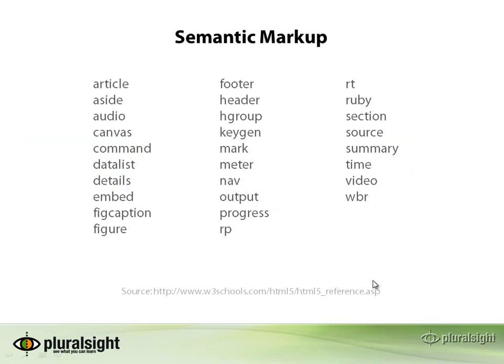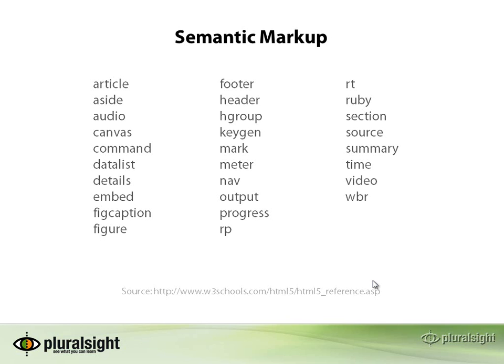So when we take a look at the list of elements that are added in HTML5, you can see that a number of these don't necessarily have inherent functionality, but again, they hit at the sweet spot of adding semantic meaning to the page.